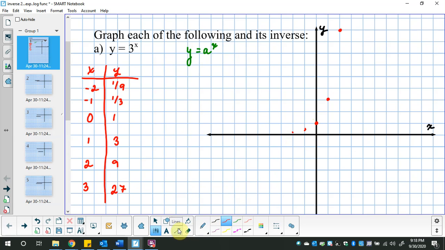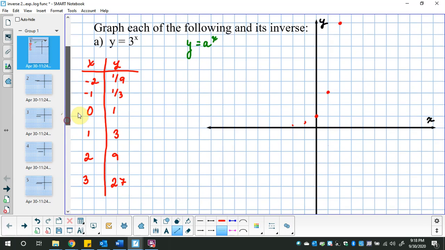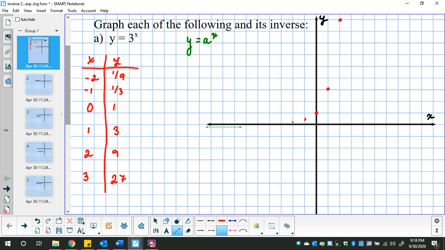And I hope you remember from grade 11 that this particular curve, the exponential, the J curve as I choose to call it, actually has a horizontal asymptote when it's not transformed in any way. The horizontal asymptote is sitting right on the x-axis.